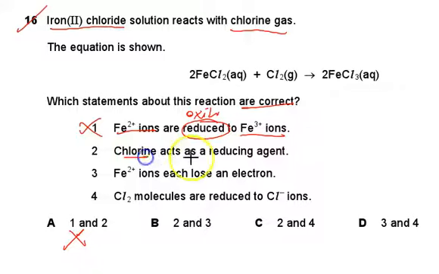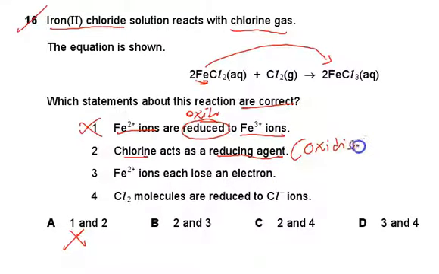And chlorine acts as a reducing agent. Chlorine is supposed to act as an oxidizing agent because it helps oxidize this. Okay. So this one should be oxidizing agent. Now look at number 3. Iron 2 plus ions each lose an electron. Yes, it's correct.